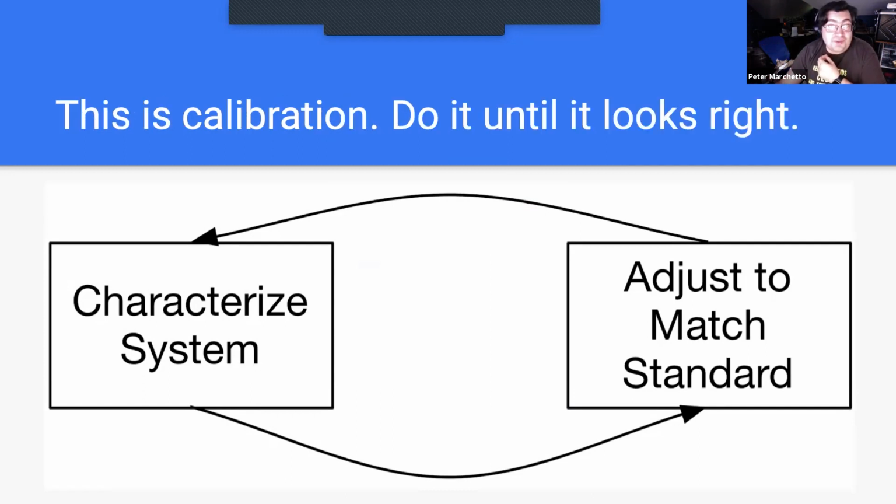Do it until it looks right. That's generally the rule. And the reason why I say do it until it looks right is because calibration brings down your uncertainty, but pursuing perfection is an imperfect task. It is actually not possible to get something fully, completely calibrated.